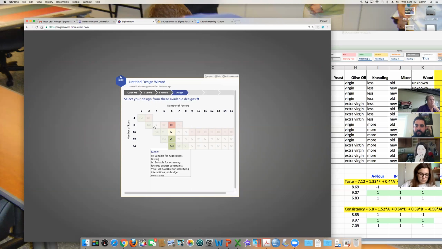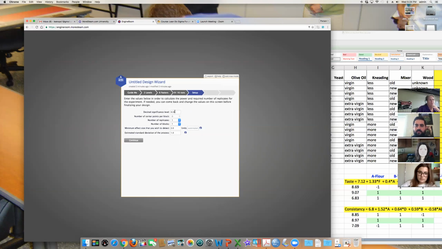It asks you the number of factors and then how many runs you want to do. So we're going to do 16 runs. It's a level 4 resolution.